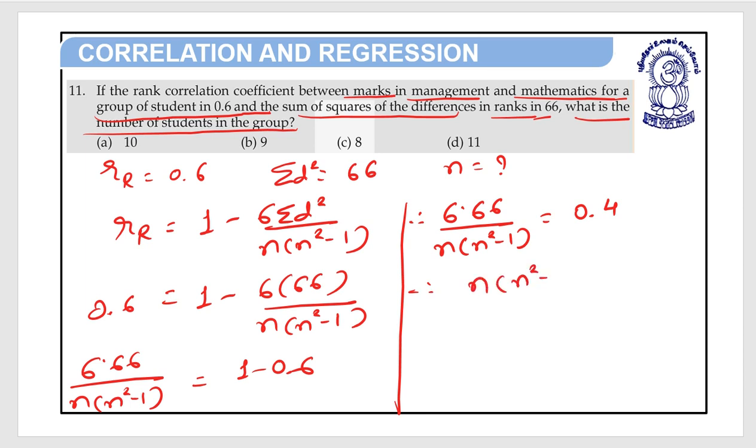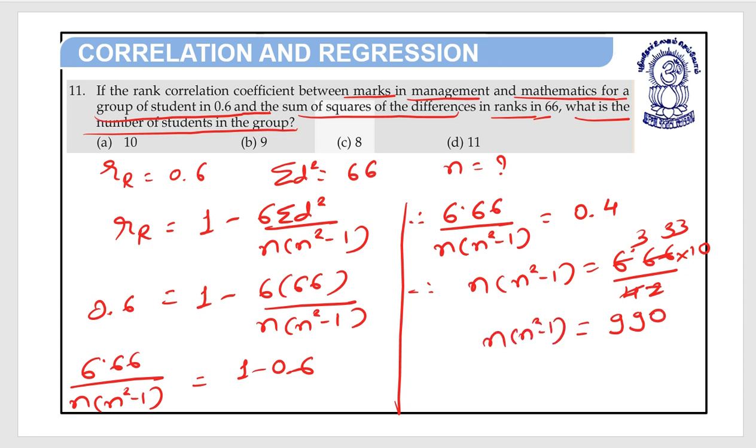So n into n square minus 1 is equal to 6 into 66 upon 4 into 10, which is 990.